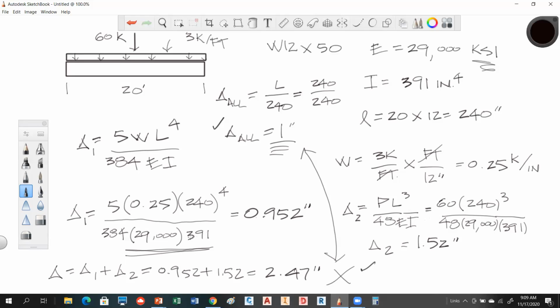But by increasing the depth, if we're at a 12 by 50, maybe we go up to a 14 or a 16, a W16 by something. That'll increase the cross-sectional area, which will increase the moment of inertia, get these numbers down to acceptable limits. Kind of see how this works? Yeah. It's not very hard. The biggest thing when you use those equations is that you make sure that you're utilizing those guys in conjunction with those units. Make sure you watch the units.